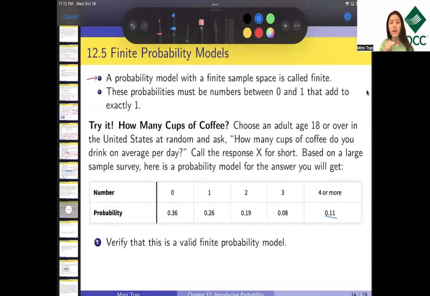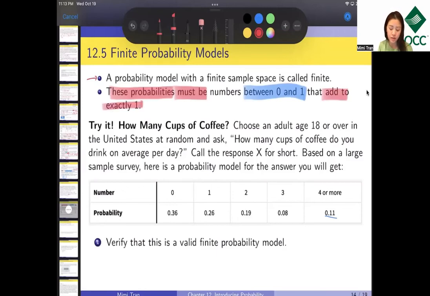If you have a finite probability model, then each of the probabilities within the sample space must be between 0 and 1, and all of the probabilities must add to exactly 1.